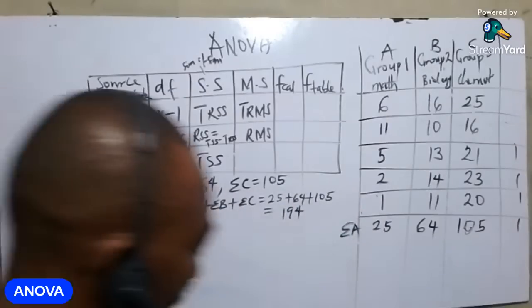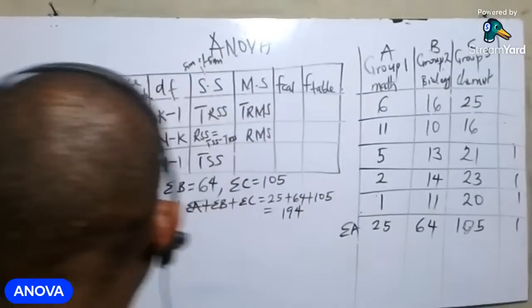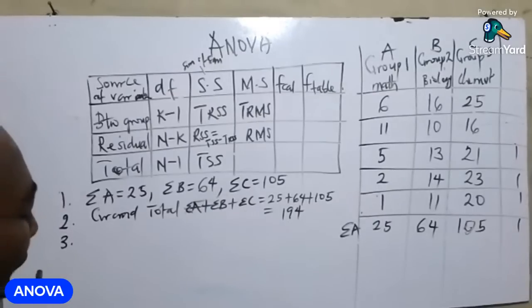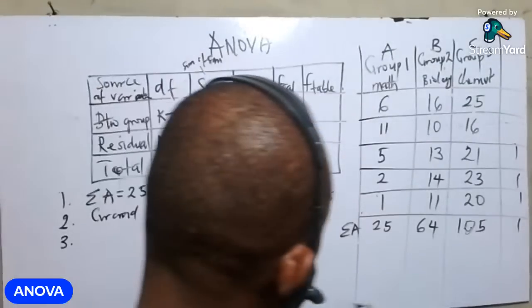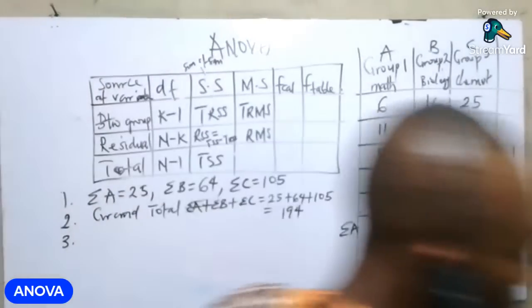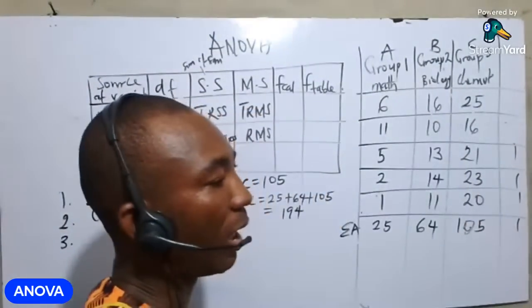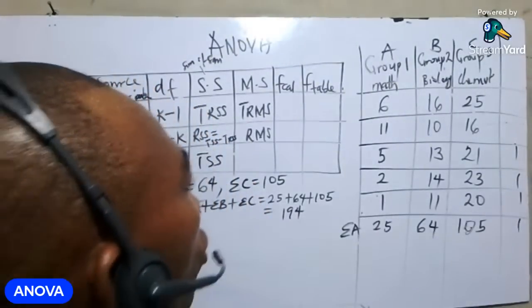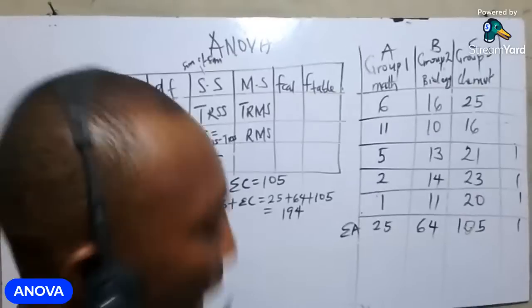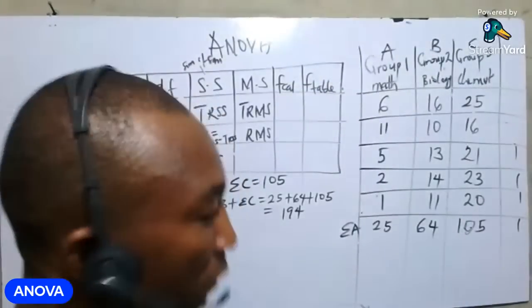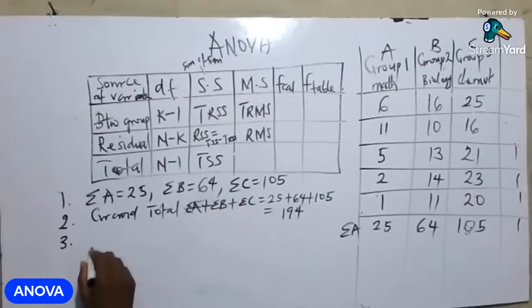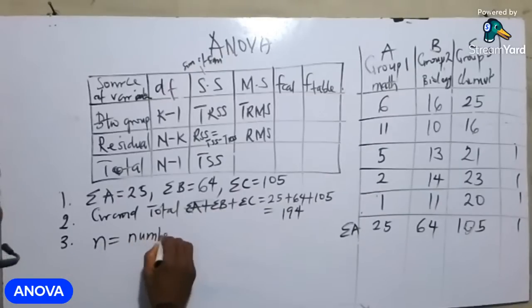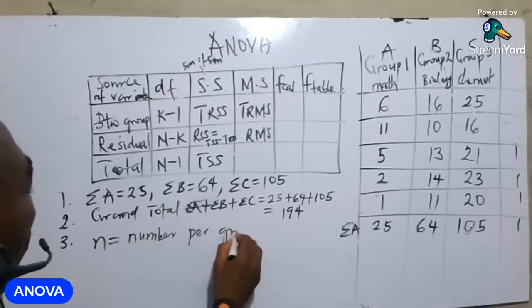So the next step, which is step 3, is to know the number per group, our N. The N simply means the number per group.